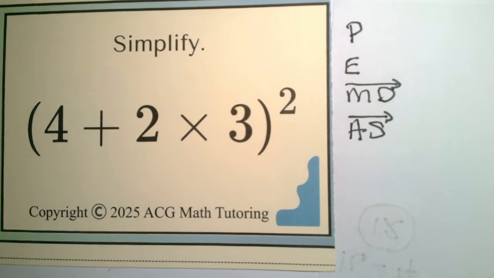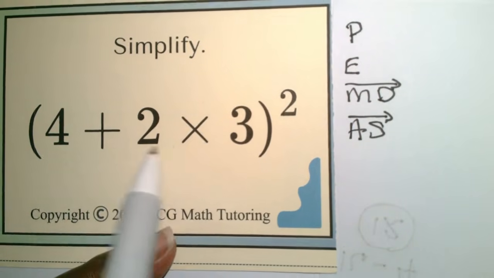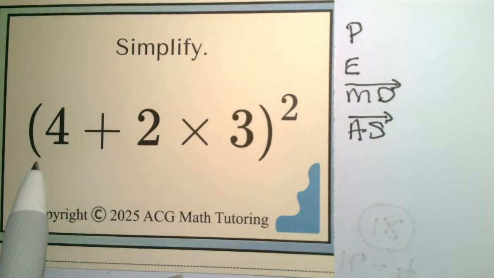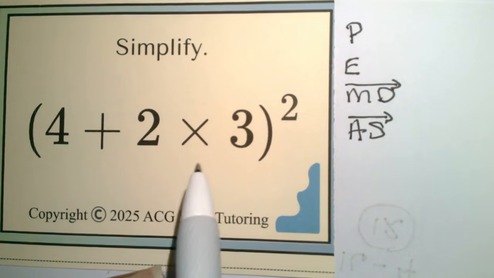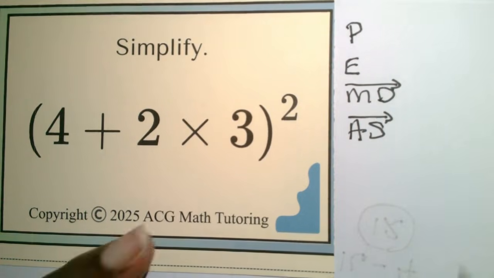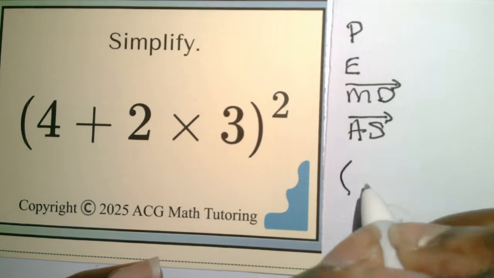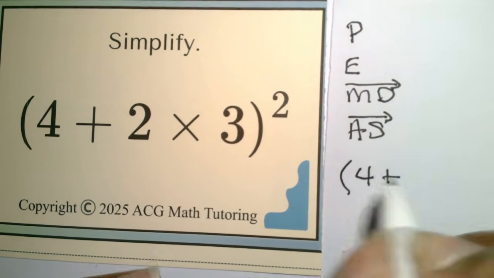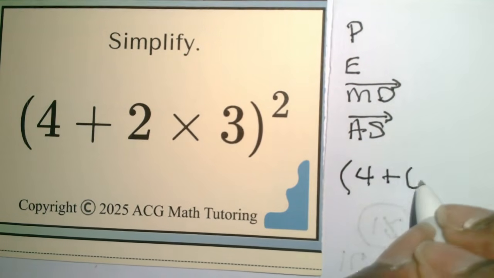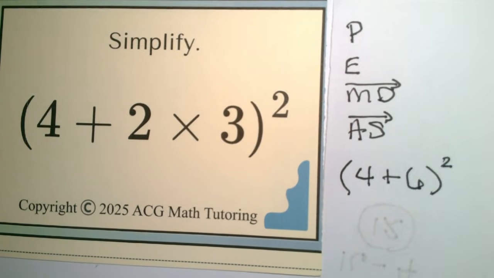So inside the parenthesis, we have to do multiplication before addition. Sorry for the X, but sometimes some of the tests show an X still for multiplication. So inside this parenthesis we have our 4 plus 2 times 3, which gives us 6. We're keeping the square.